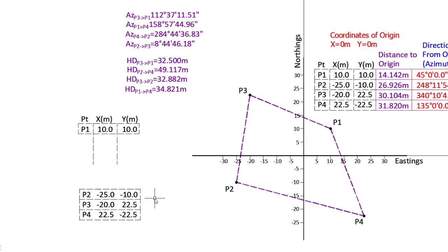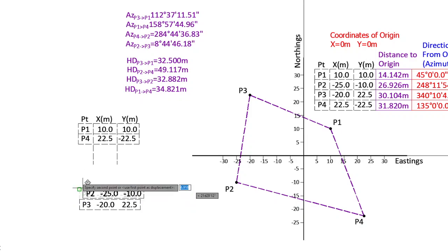And then the next vertex that I'm going to put there is P4, then it's P2. So I just go here to P2, reorganizing my coordinates.